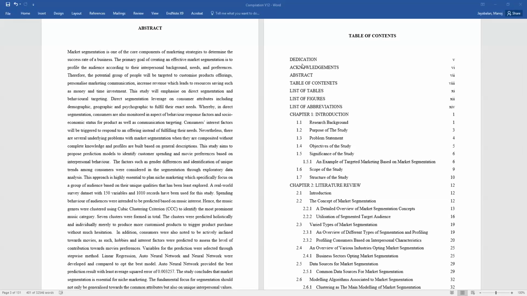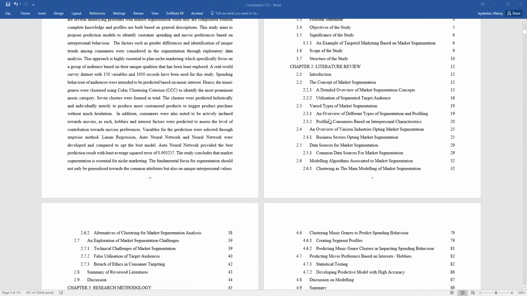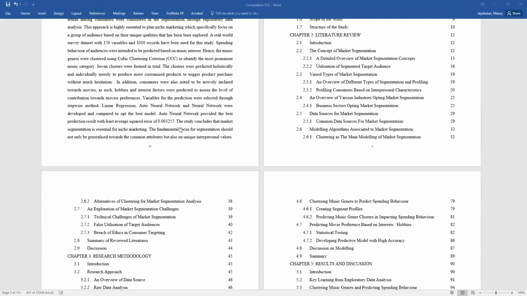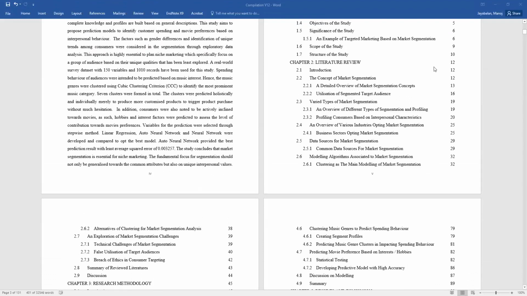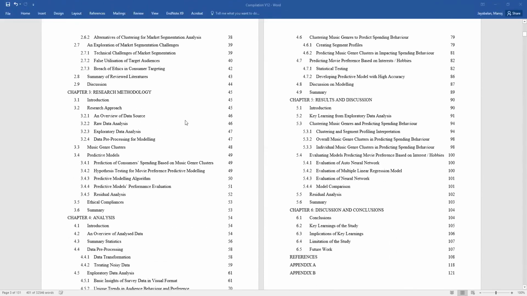Okay, and see here in the table of contents. You have the dedication, acknowledgement, abstract, table of contents, list of tables, list of figures, abbreviations, and then the introduction sections and the literature review. You can see how the student has structured the literature review. She has written almost 35 pages in the literature review. In the research methodology, there is a clear research approach, and then the different models which have been applied.